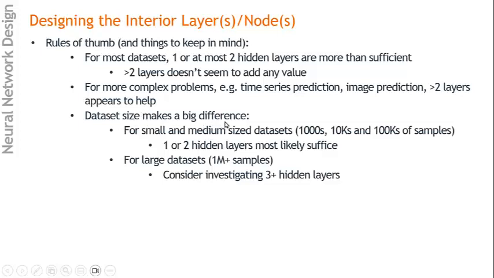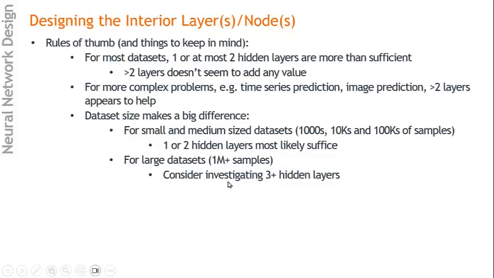If you have a very big data set, then you really are not able to train a neural network with lots and lots of layers and lots of nodes. But for small and medium-sized data sets, probably 1 or 2 hidden layers will be enough. And for large data sets with more than 1 million samples, more hidden layers may be useful.